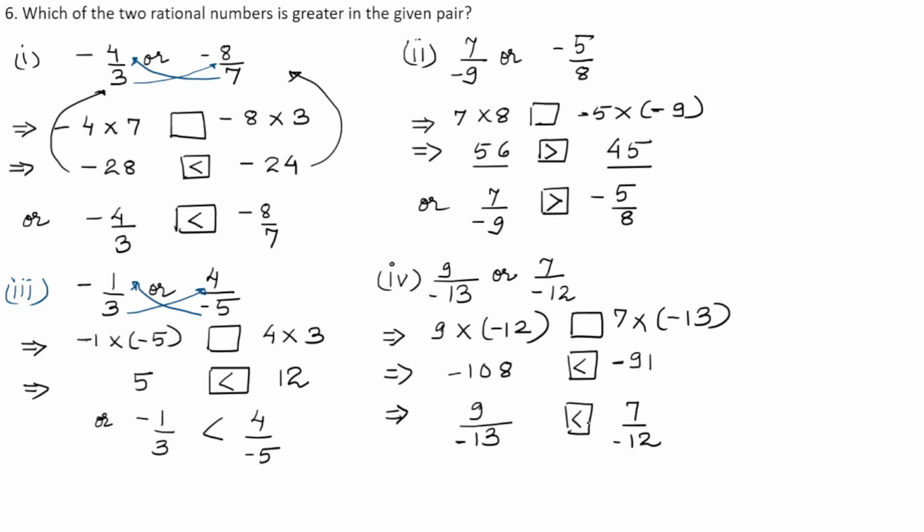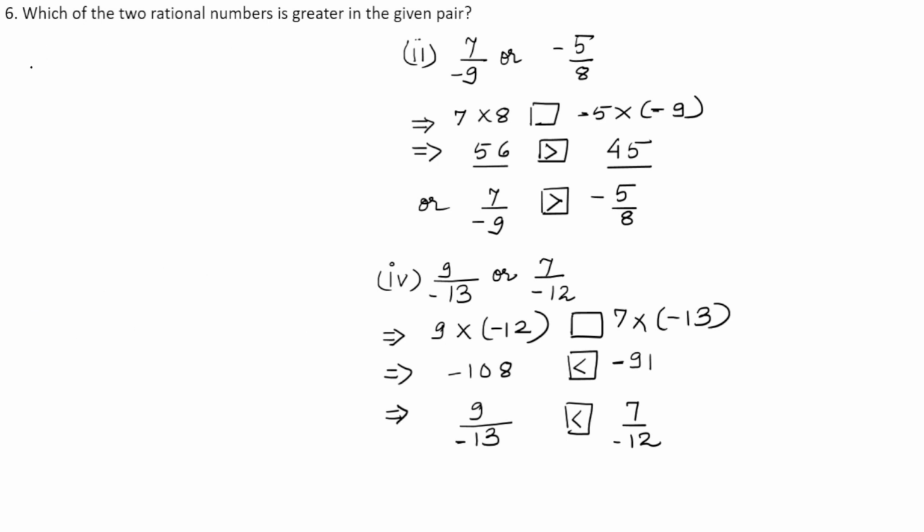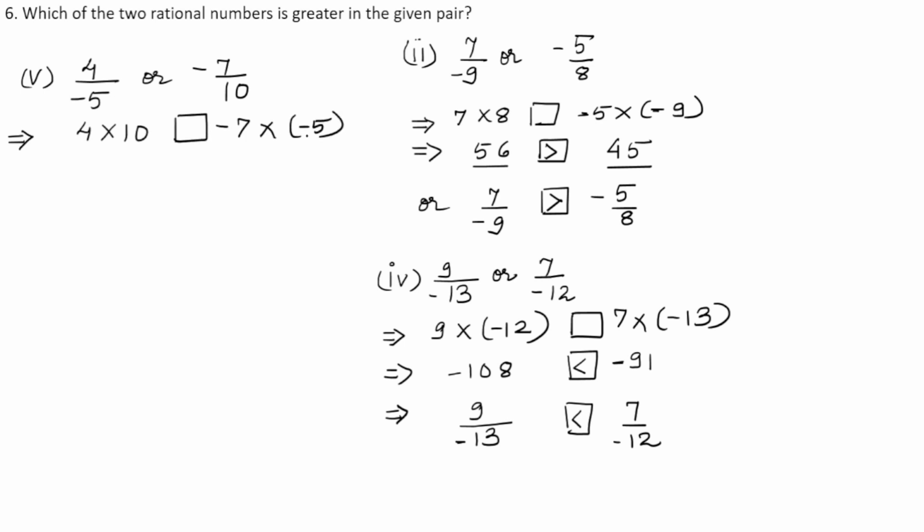Now let us solve the next question, that is question number 5. Question number 5 is to compare 4 by minus 5 with minus 7 by 10. Check here the denominators, they are different, so go for cross multiplication. 4 gets multiplied with 10 and minus 7 gets multiplied with minus 5.